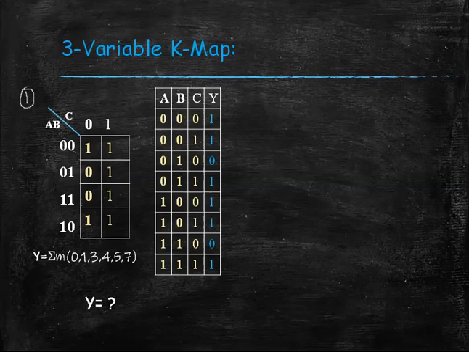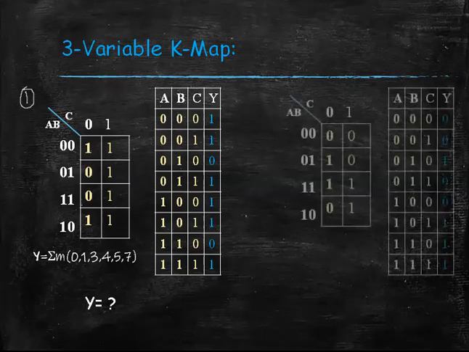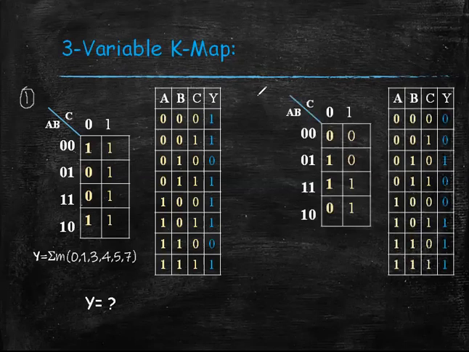Okay, the next problem, let it be 2. Here it is a different map and the corresponding truth table is given.